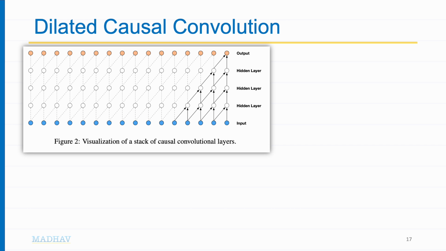Causal means my probability of yn depends on yn minus 1, yn minus 2, and so on. It cannot depend on yn plus 1.